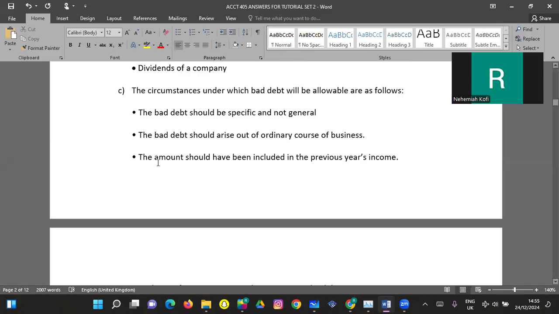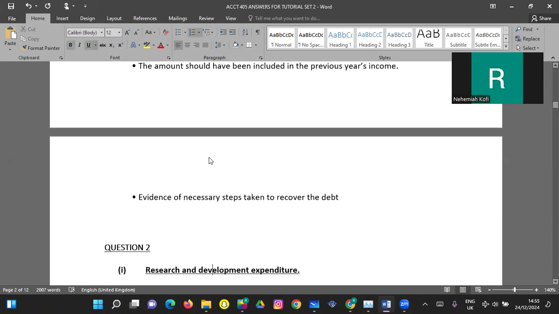Okay, so the amount should have been included in the previous year's income. So the amount that you sold should be included in the revenue that you've declared to the taxman. There should be evidence that you've taken necessary steps to recover the debt.